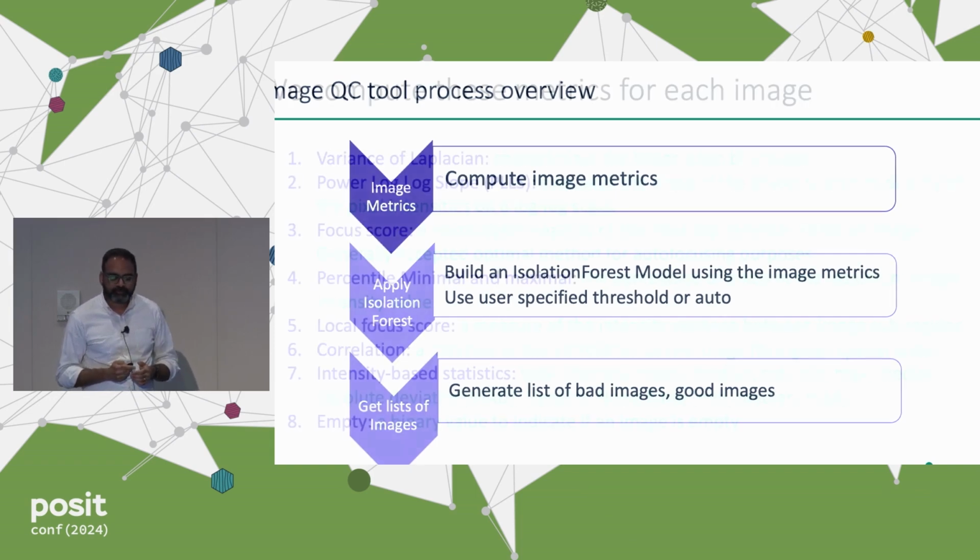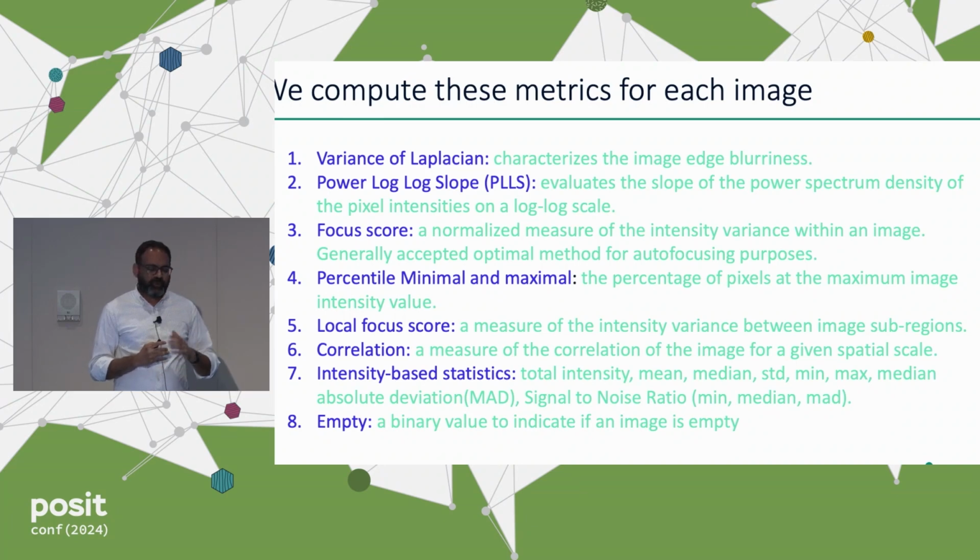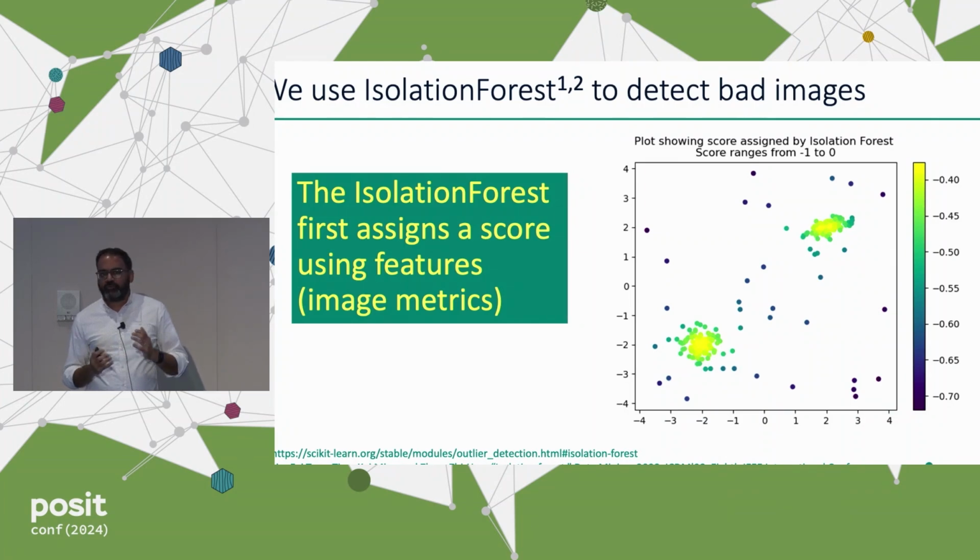So this is another busy slide. Don't worry about it. We basically computed a lot of these image metrics, from the computer vision field. Once we have these, we feed them to the isolation forest, which uses these metrics as features to do further processing. So what does isolation forest do really?